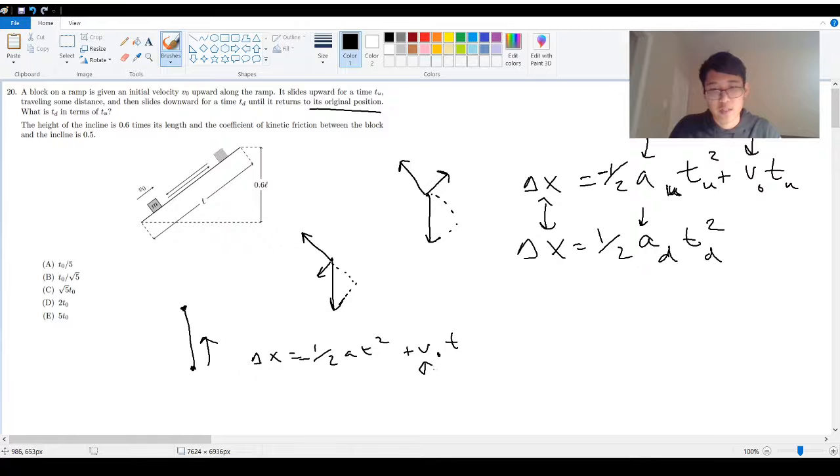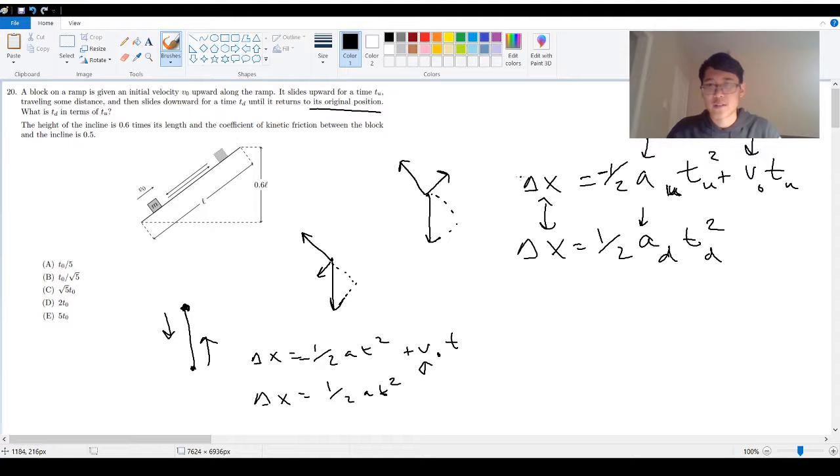We need to know this v0, but we can also just consider that it was already at the top of its trajectory and going downwards: delta x equal to 1/2 a t squared. This way we don't have to consider v0, and it also describes the motion of the ball. This is called time reversal symmetry, and it applies to all the kinematic equations.